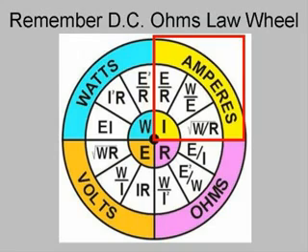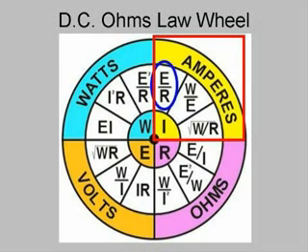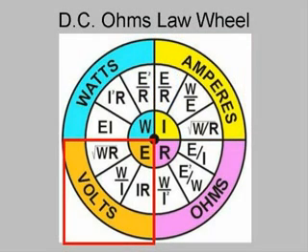Remember, I said using this wheel allows us to solve any formula in a DC circuit. Everything in yellow is how we can calculate amperage. We used this formula, E over R, to solve for amperage, or I. This part of the wheel gives us 3 ways to solve for voltage, or E. We used this formula, I times R, to solve E, or volts.